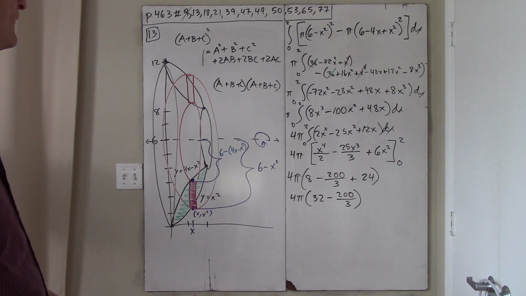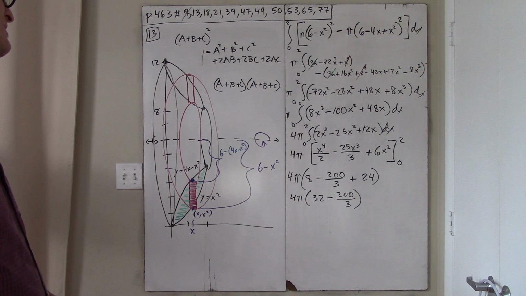Take out a 4. Anti-differentiate, up 4 divided by 2. Oh, no. 3 divided by 3, up 2, or 6x squared. 24, 16, oh man, I'm so sad.